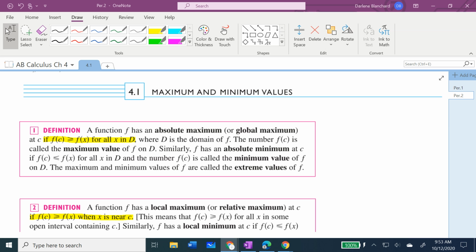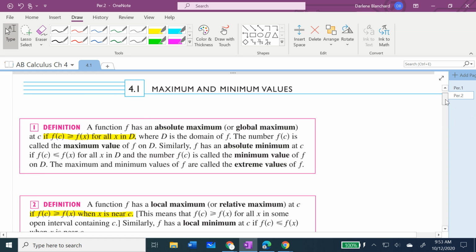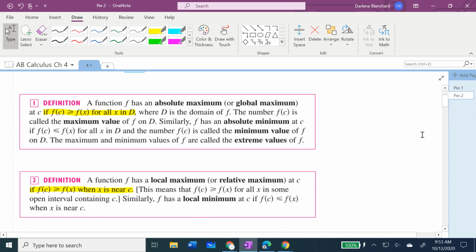maximum and minimum values. First of all, we have definitions of absolute, also called global, maximum and minimum, and local, also called relative, minimum and maximum. Now, these are in your textbook, so you don't need to sit here and write it down word for word right now. You can also look at the recording and pause the video.